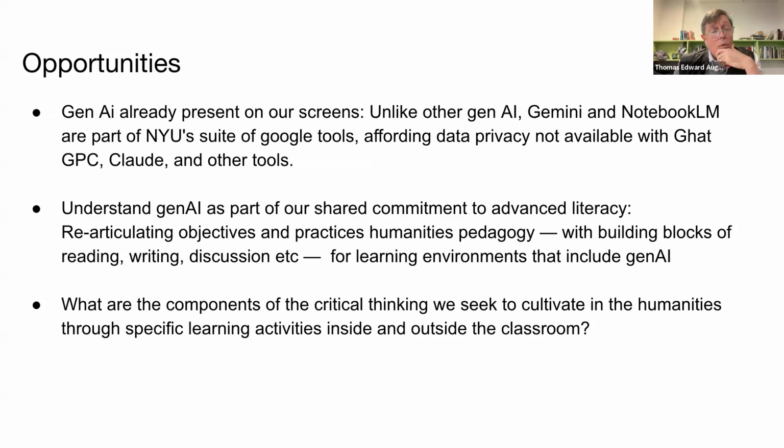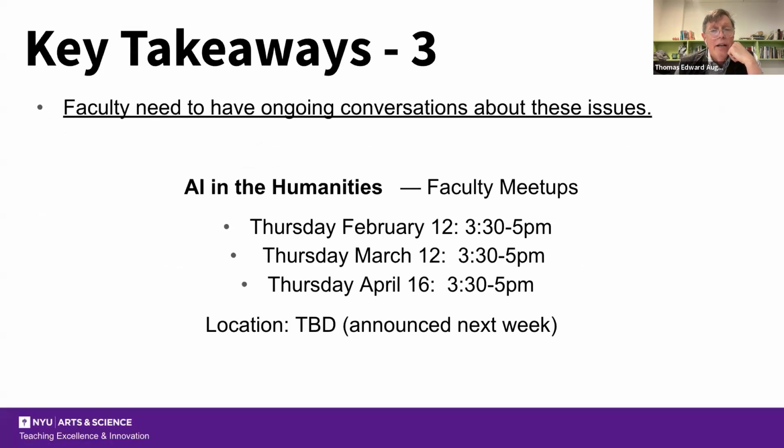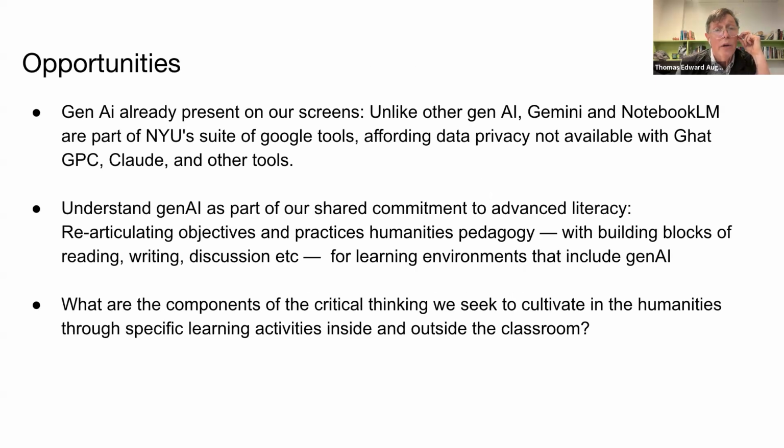And we propose that we will try to understand generative AI as part of our shared commitment to advanced literacy, re-articulating objectives and practices of humanist pedagogy, with the basic building blocks, reading, writing, discussion, for learning environments that actually include generative AI. What are the components of the critical thinking we seek to cultivate in the humanities through specific learning activities inside and outside the classroom? I think this is a great opportunity for us to recommit ourselves to what it is we think we're doing and why.